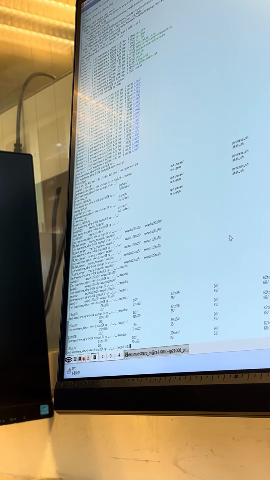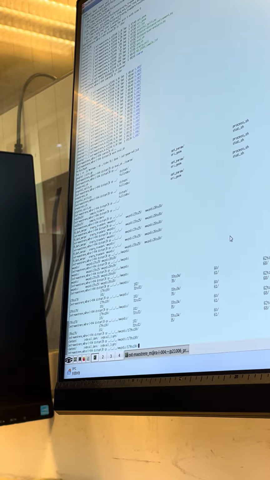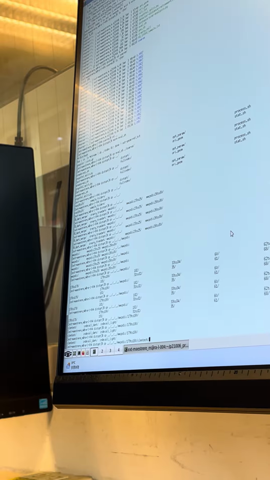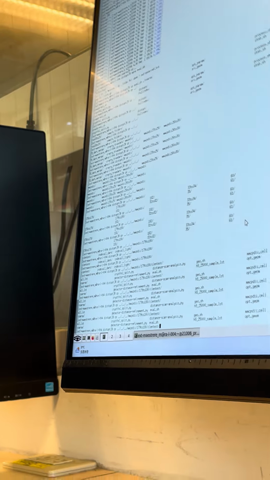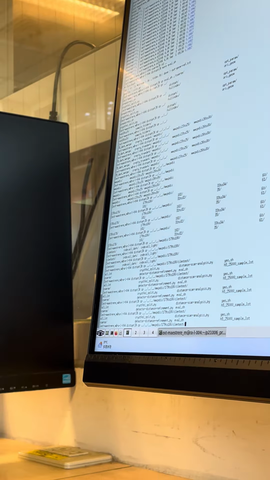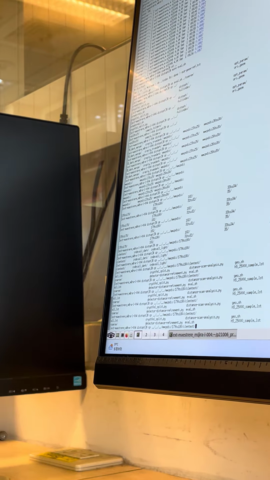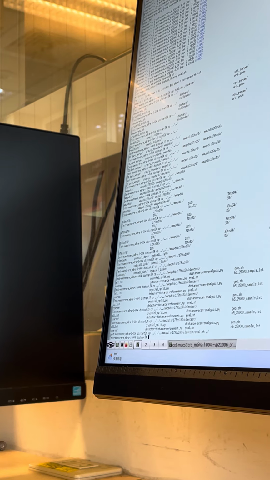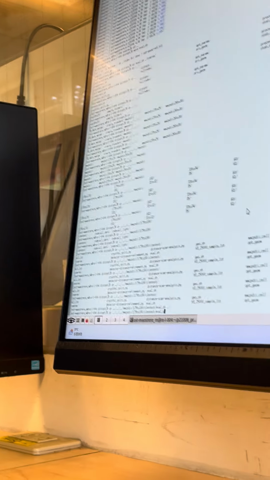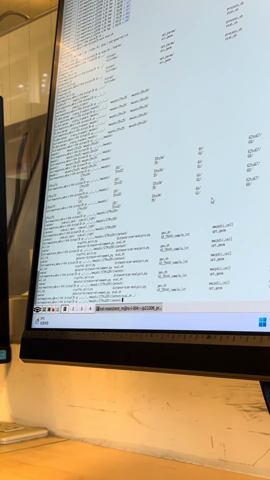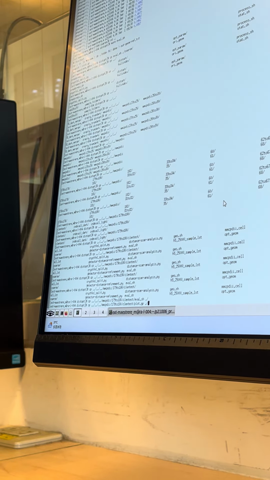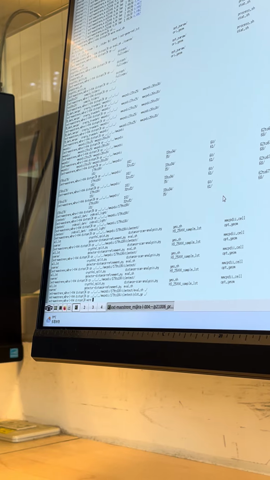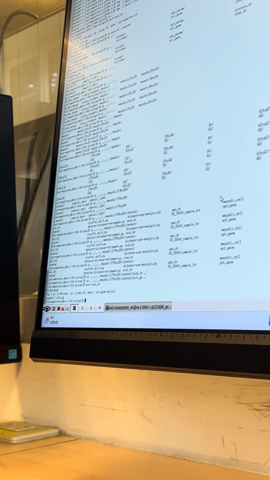I want to copy, what is it, eval.sh and plot.gp. Okay, and now I want to see how eval.sh looks.